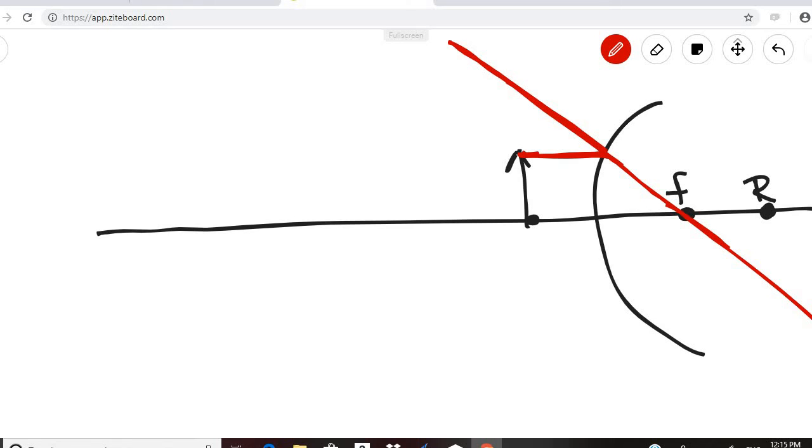And then something that comes in as if it were going through the focal point is going to come in as if it were coming through here, but when it hits that mirror, it's going to reflect horizontally.